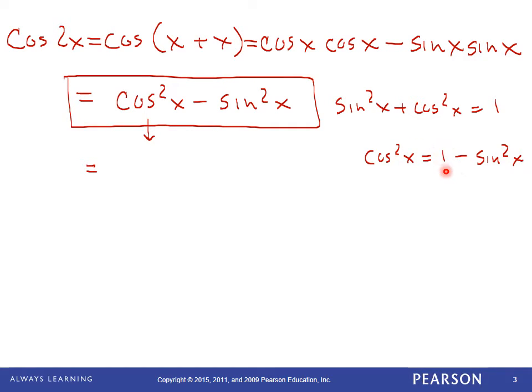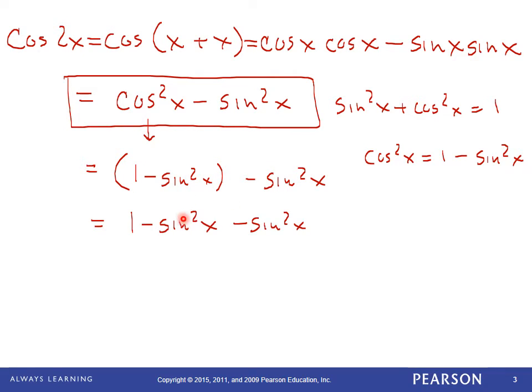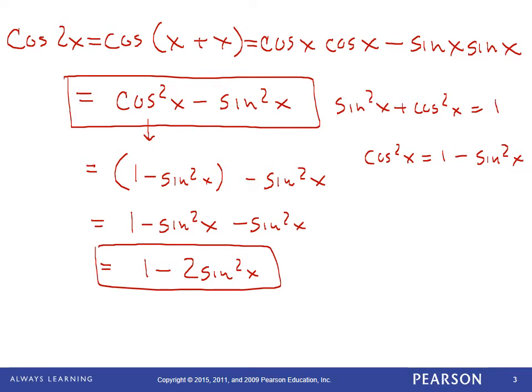I'm going to plug in 1 minus sine squared x into the original piece here. And so let's simplify this down. So 1 minus sine x squared minus another sine x squared. I could just drop the parentheses here, and then I can combine these together. And I got myself 1 minus 2 sine squared x. Put a little box around that. That's going to be my second formula.